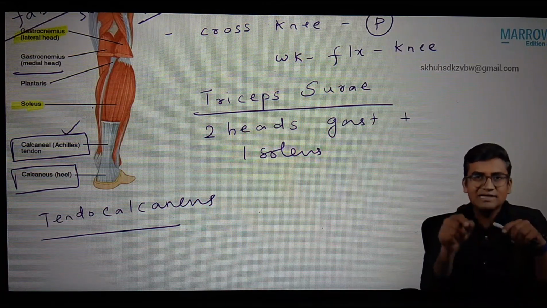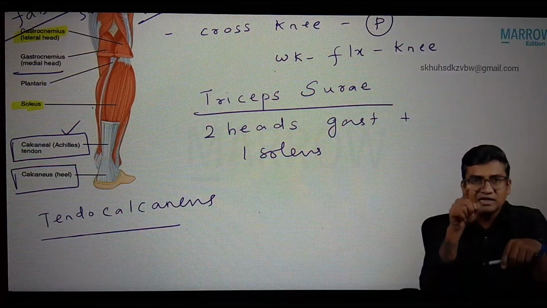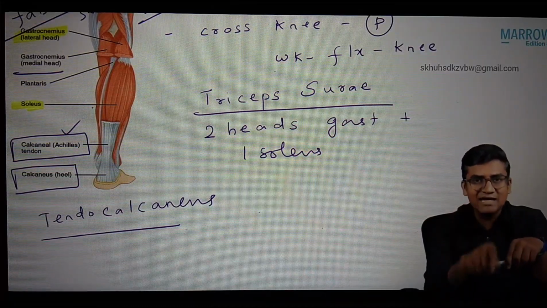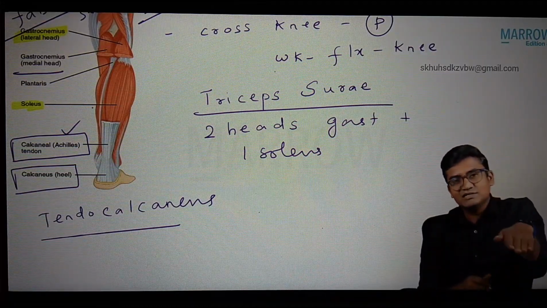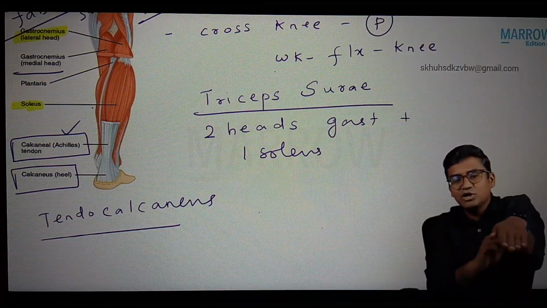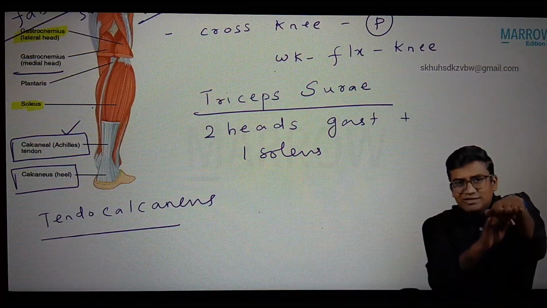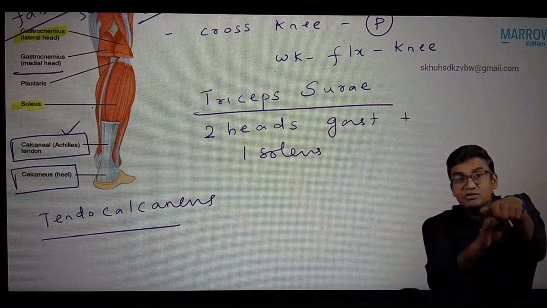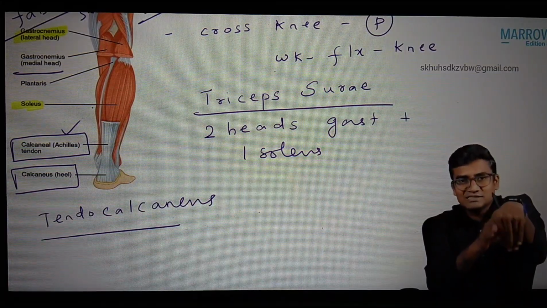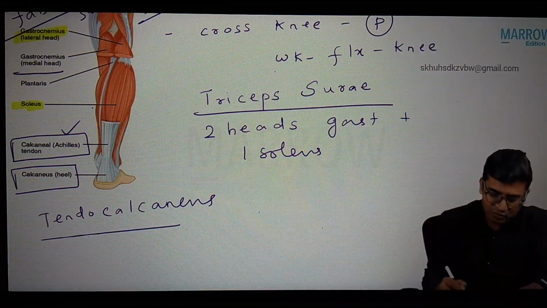Now what is the action of tendocalcaneus at the level of the ankle joint? Now this tendocalcaneus crosses the ankle joint on the back side. Please remember, any muscle crossing the ankle joint on the back side. For example, this is my ankle joint. A tendon crossing the ankle joint on the back side pulls the ankle joint towards the plantar side. So the foot is bending towards the sole, towards the plantar region. So any muscle crossing the ankle joint on the back side, what do they do?